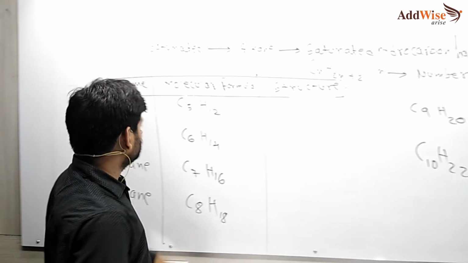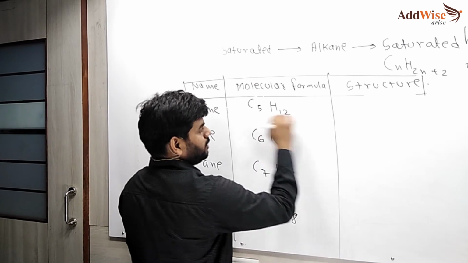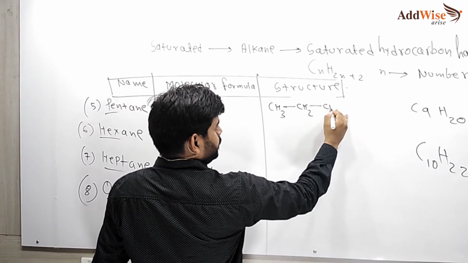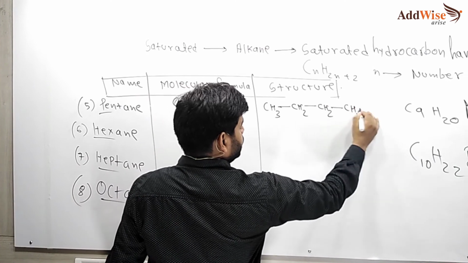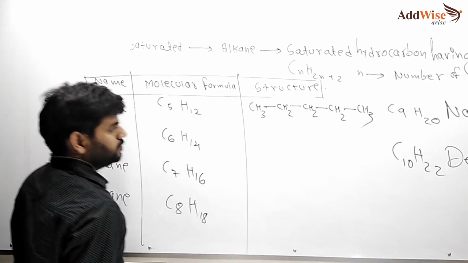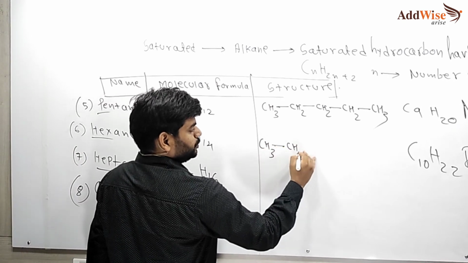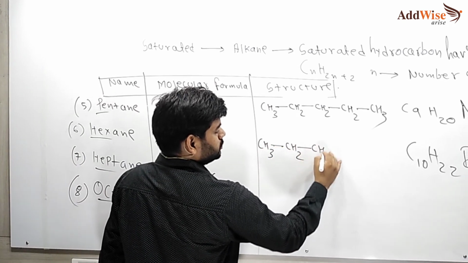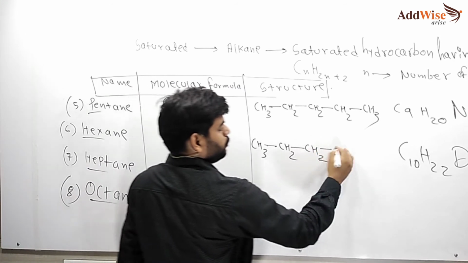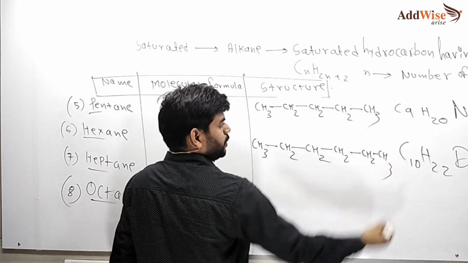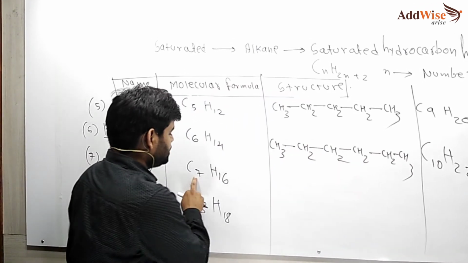Okay, sir. So इसका स्ट्रक्चर कैसे बनेगा? 5 कार्बन, 1, 2, 3, 4, 5. 6 carbon, so it is 1, 2, CH3, CH2, 3, 4, 5, 6. Next, 7.